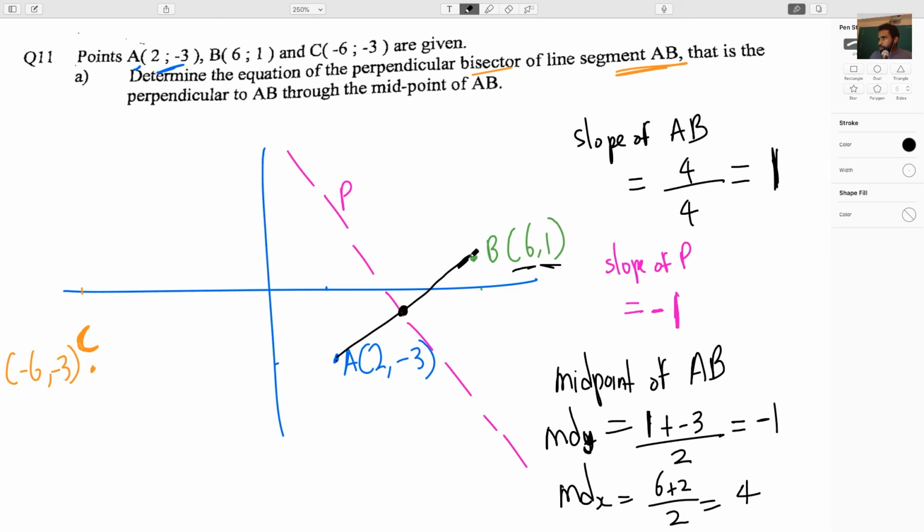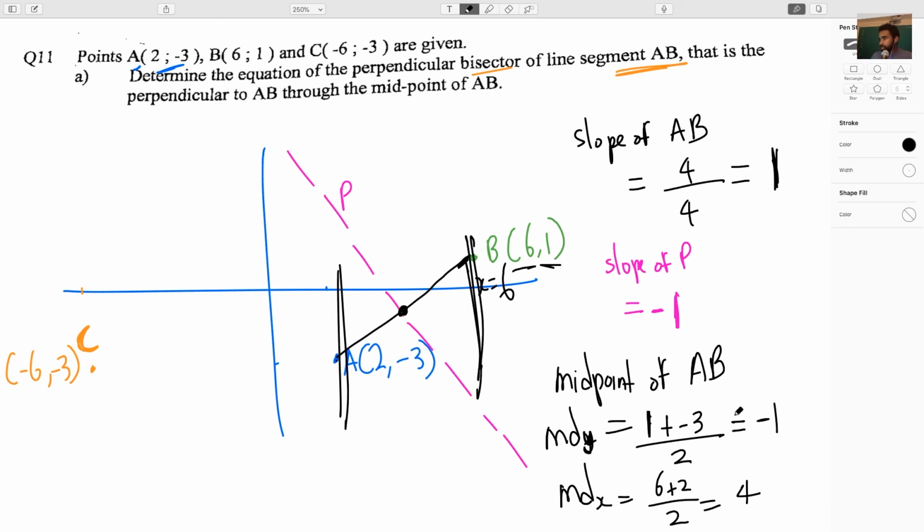So the average of this point here, which is x equals 6, and that point here, which is x equals 2, is 6 plus 2 over 2, which is 8 over 2, which is 4. And it makes sense that this is going to be x equals 4. If this is 2, that's 4, that's 6. Okay, nice. So now we have the x and the y of the midpoint.